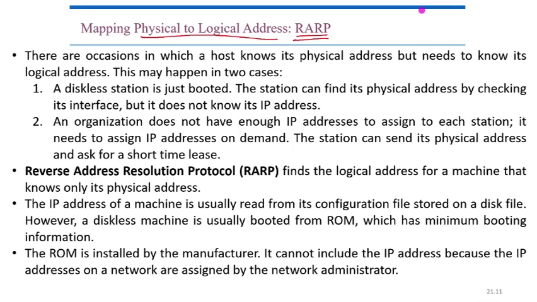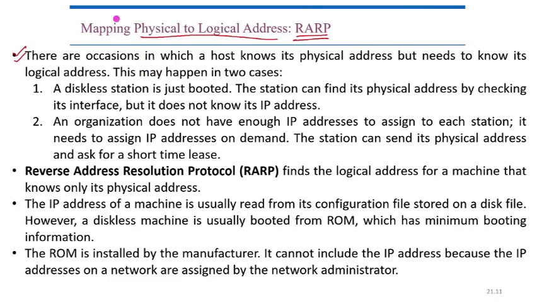But here the sender knows the physical address of the destination but not the logical address. In that case, RARP will be used. We will see the cases where RARP can be used.